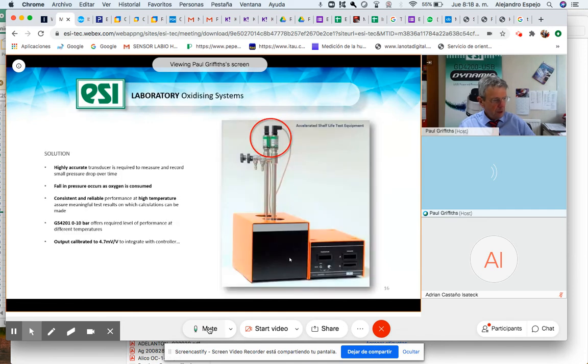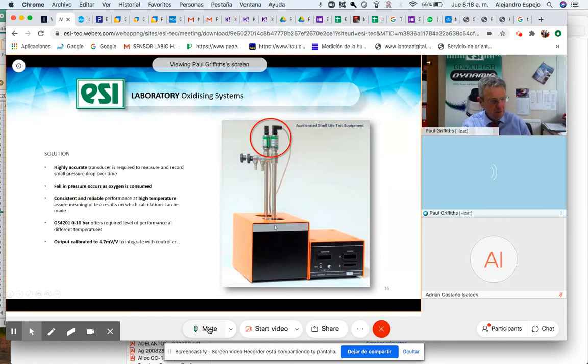So in this area here, behind the front is a stainless steel chamber. Okay. This is where I have so many presentations.